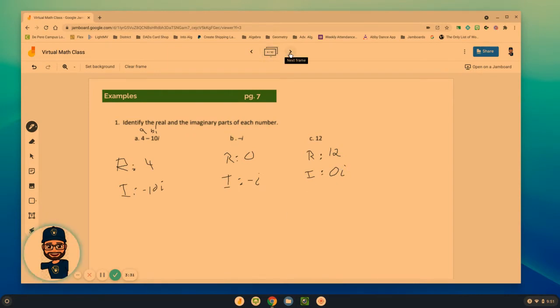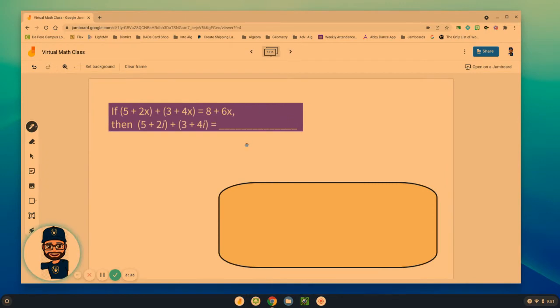Now, you may be wondering, what's the big deal with all of this? Well, there's a big idea that comes out of all of this, right? If we have 5 plus 2x plus 3 plus 4x, and we've simplified that in the past by combining like terms, we get 8 plus 6x.